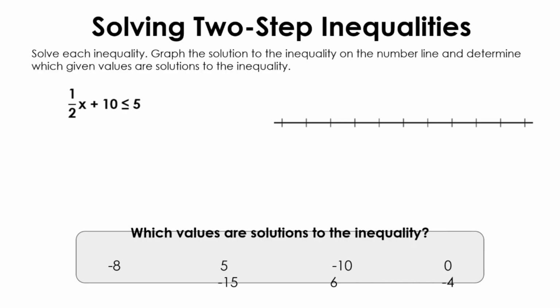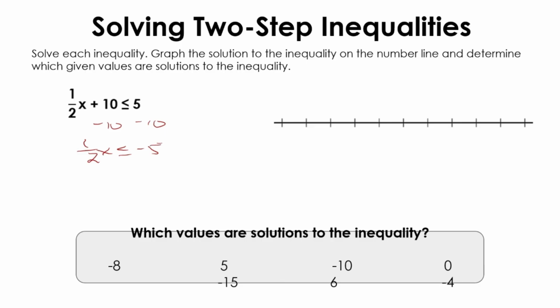We have to solve this like a two-step equation. So we're going to have to subtract 10 on both sides. So we get 1/2 x is less than or equal to -5.